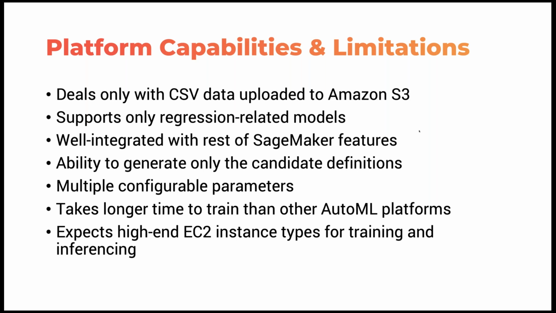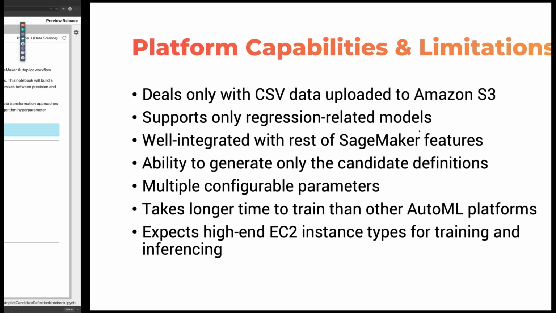And I sincerely hope Amazon does something about it and lowers the bar, at least for smaller data sets where we don't need such high-end EC2 instances, which are very expensive. So those are the key capabilities and limitations. And I can't wait to show you the demo. So let me switch to the demo and walk you through the entire process.